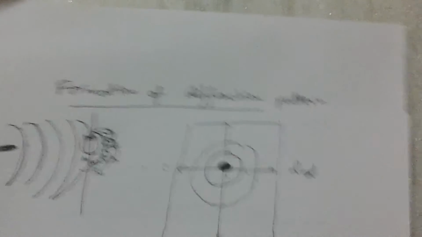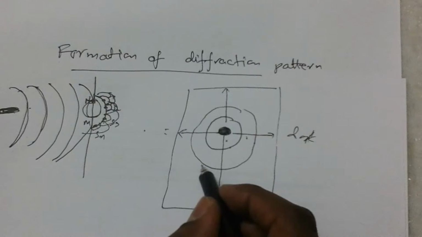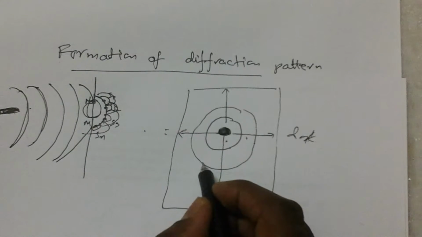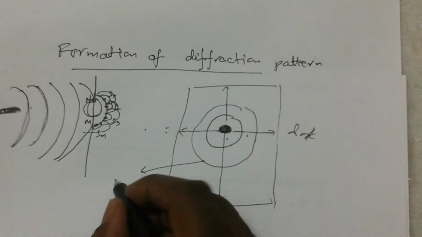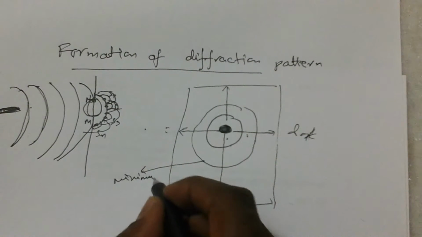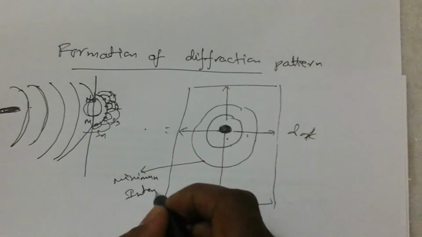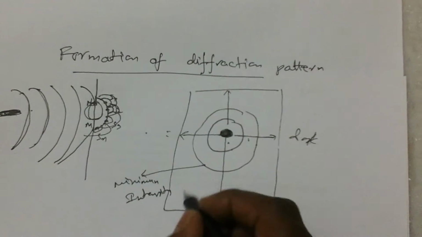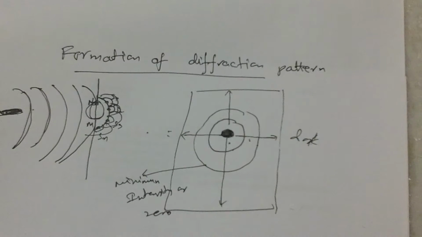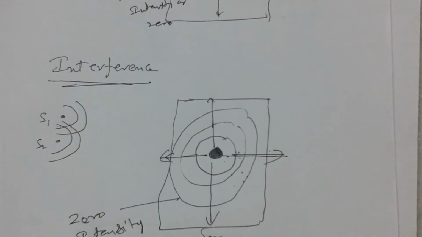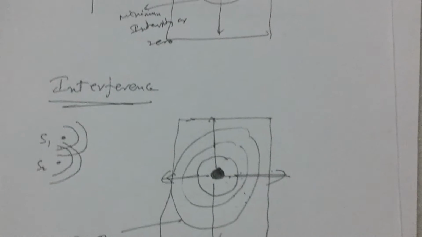But in the other pattern, the dark fringe will not be zero, only minimum intensity. Thank you very much for knowing the difference between the interference and diffraction pattern.